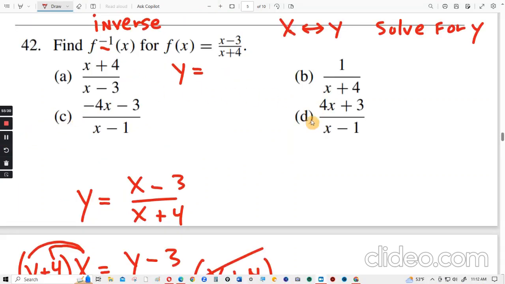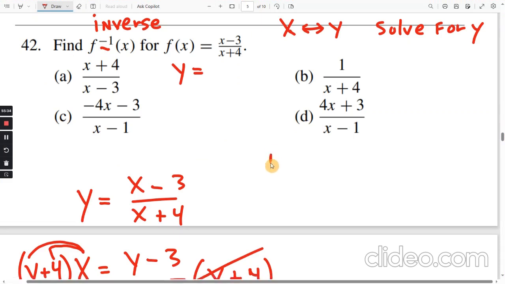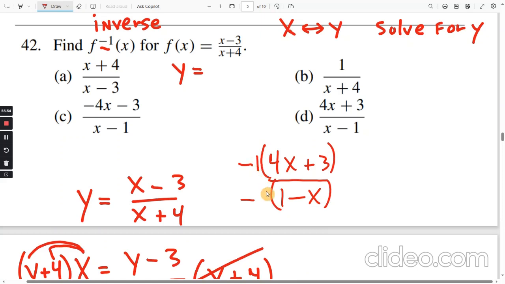Okay, the answers are in different forms. However, if we have 4x plus 3 over 1 minus x, let's say you multiply the top and the bottom by negative 1. Alright, that's the same thing. It's like times negative 1 over negative 1. You're multiplying by 1.